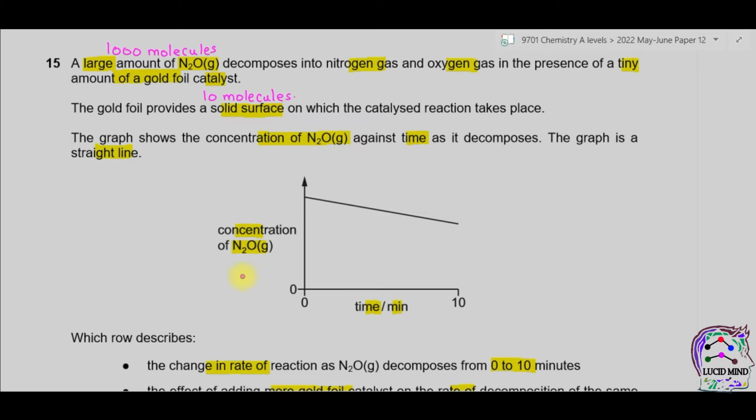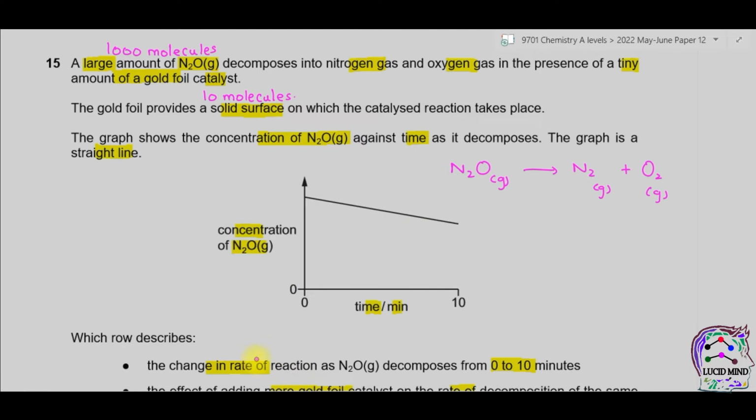Now we can see the concentration of N2O decreases constantly. It means that the decomposition is constant. N2O gas goes to nitrogen and oxygen. So what would be the change in rate of reaction? There will be no change in rate of reaction because the rate of reaction is constant.